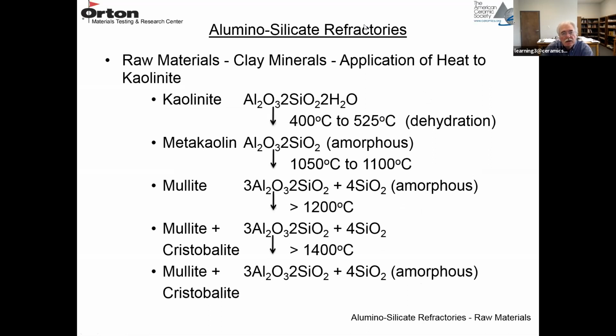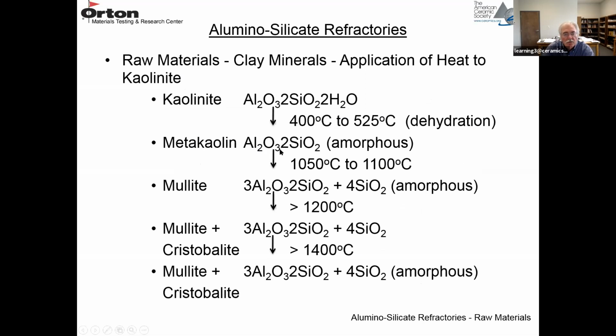And this slide shows you how you get there. So again, application of heat to kaolinite. You start out with your kaolinite clay. When you reach the temperature 400 to about 525 degrees C, you dehydrate it, so you drive off the water. So now you have something that's known as metakaolin. It's an amorphous material. It's no longer crystalline.